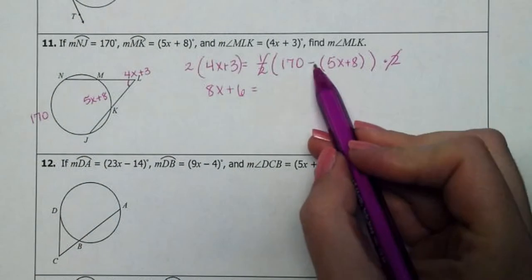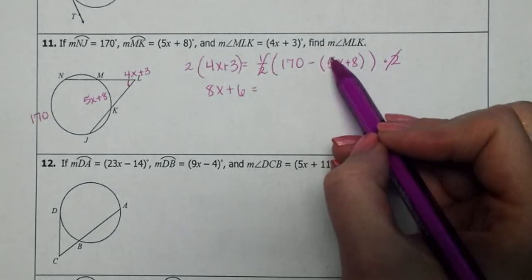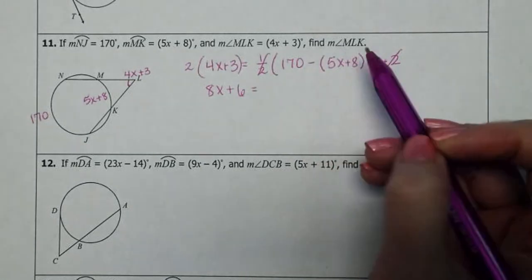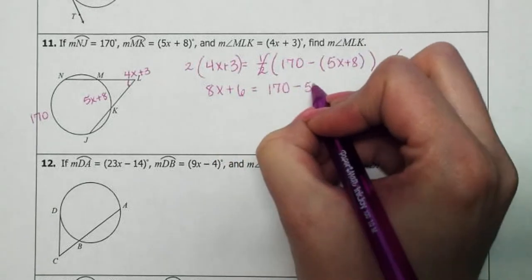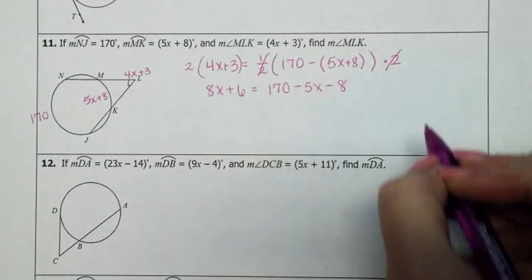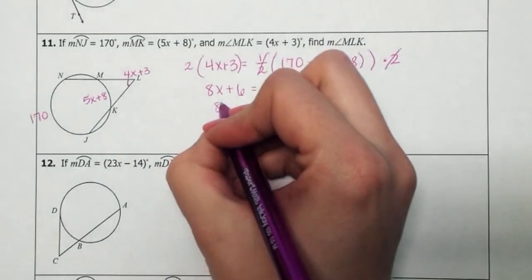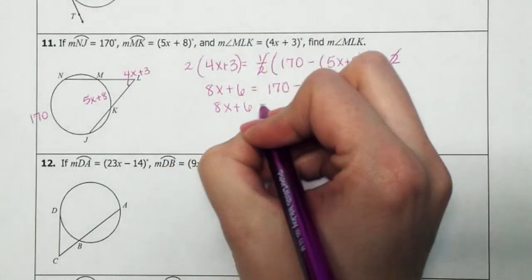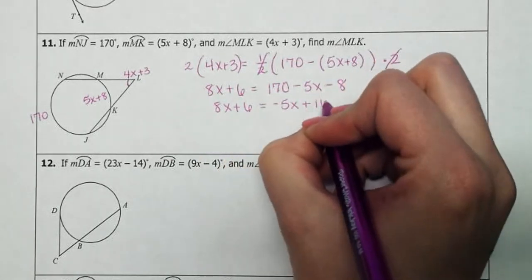Now here, just like in our algebra problems that we just worked the other day, you have to distribute the negative within the parentheses here. So I'm going to have 170 minus 5x minus 8. So let's combine our like terms over here. I'm going to have 8x plus 6 equals negative 5x plus 162.